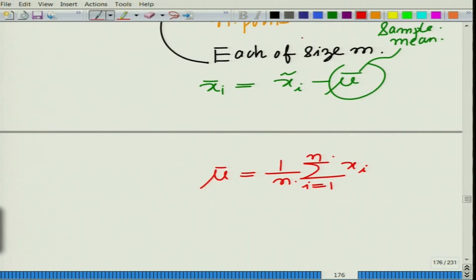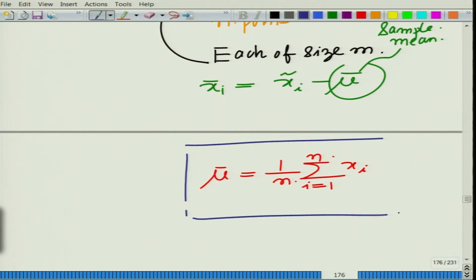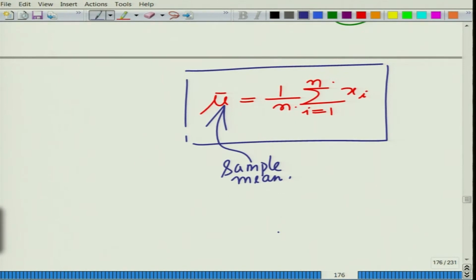So, this is essentially the sample mean of these points.